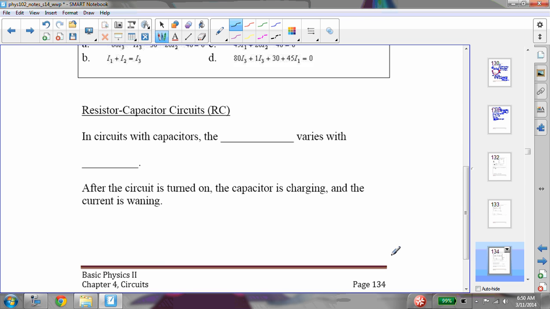In circuits with capacitors, the current varies with time. After a circuit is turned on, the capacitor is charging, and the current is waning, becoming less.